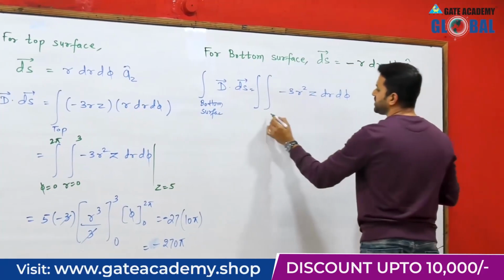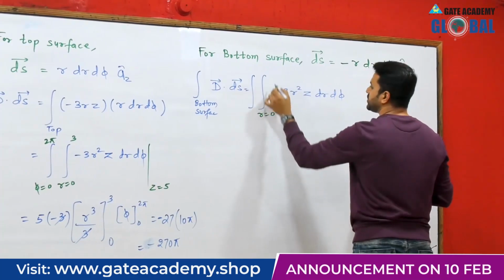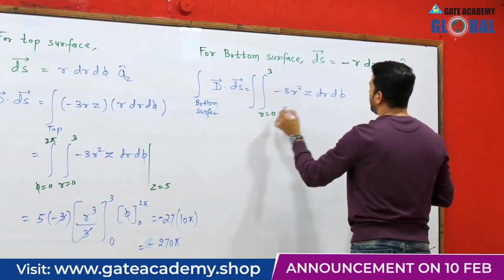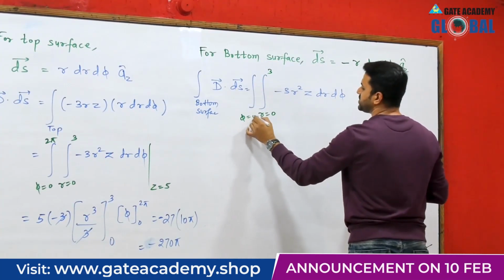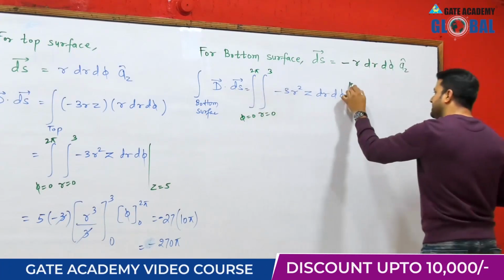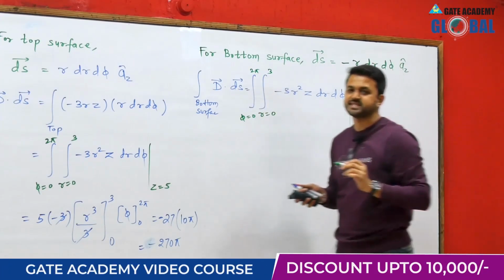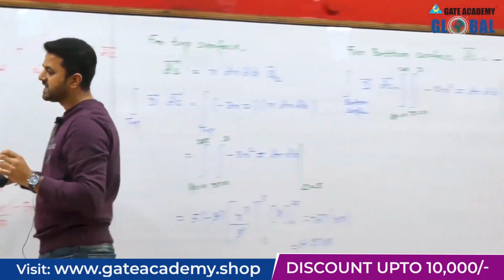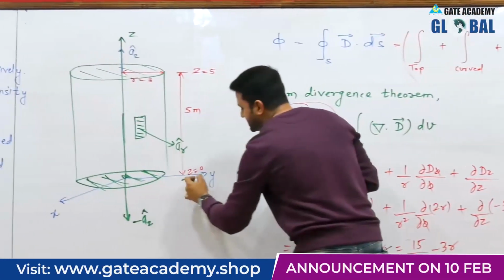Here the limit of r is from 0 to 3 and the limit of phi is from 0 to 2 pi, and remember that the bottom surface is lying at z equal to 0.